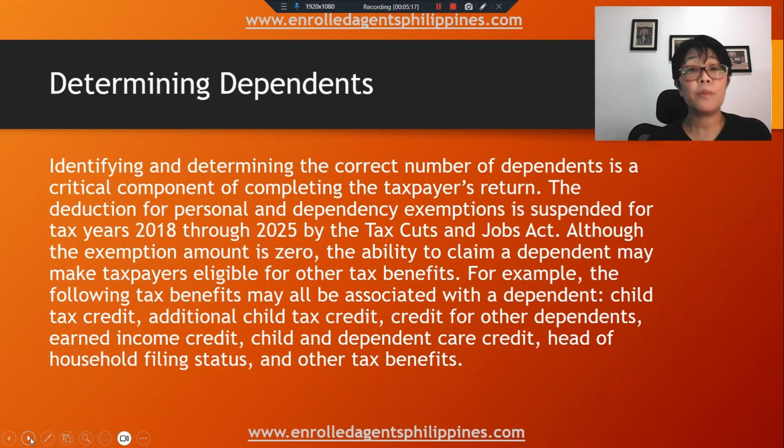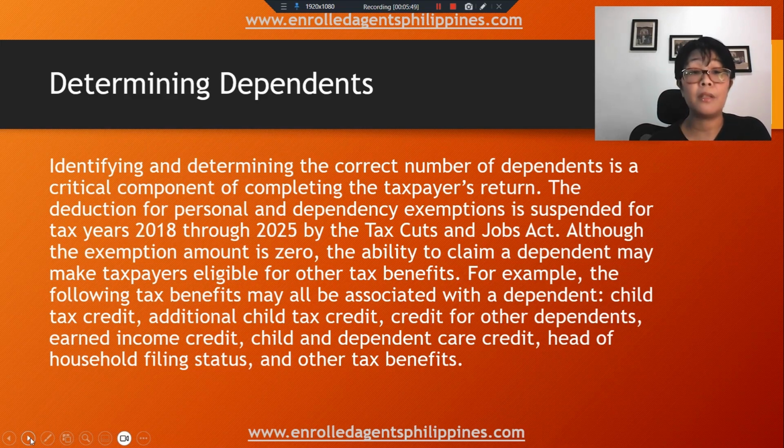Okay. Determining dependents. Ito na. Identifying and determining the correct number of dependents is a critical component of completing the taxpayer's return. The deduction for personal and dependency exemption, as mentioned earlier, is suspended for tax years 2018 through 2025 by the TCJA. Although the exemption amount is zero, the ability to claim a dependent may make taxpayers eligible for other tax credits.